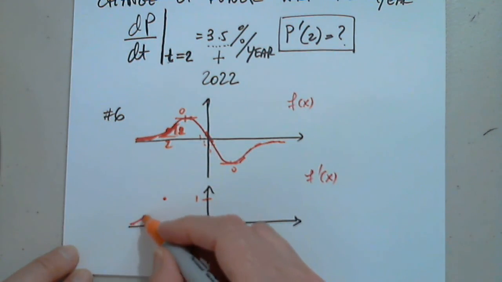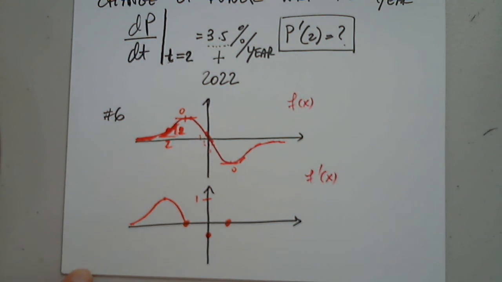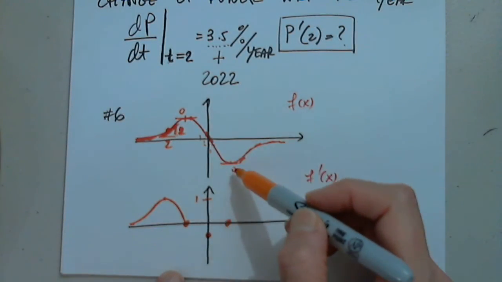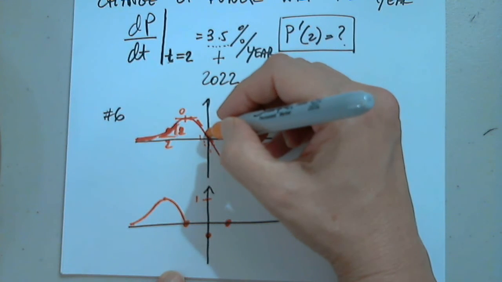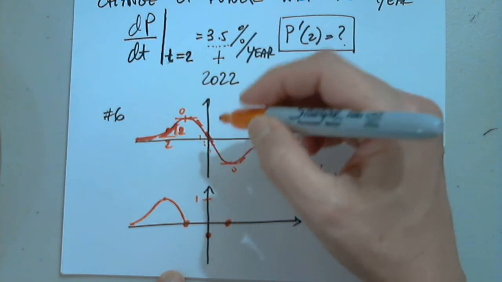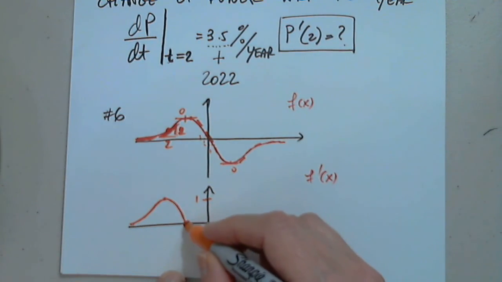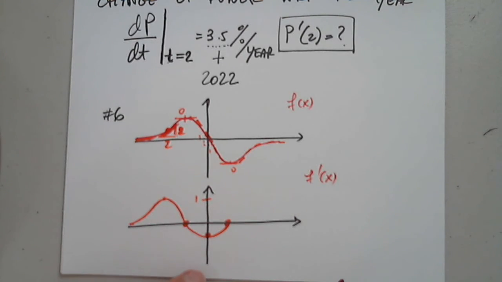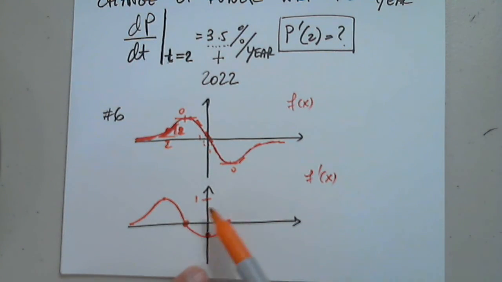So I will say something like this. Now it's all negative, negative, negative, but closer to 0. And then it has to have the same outlook on this side.